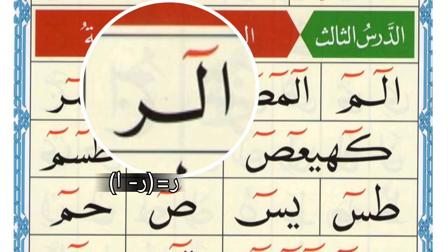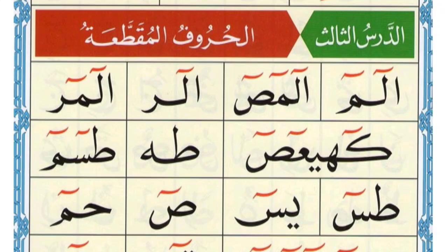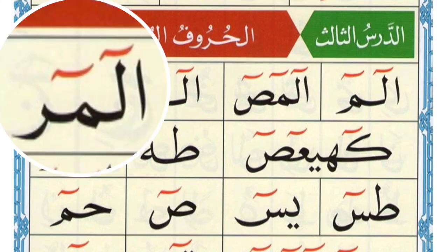That means you're going to make the stretch 2 counts only. So the general pronunciation of the word is going to be Alif, Lam, Ra. Got it?